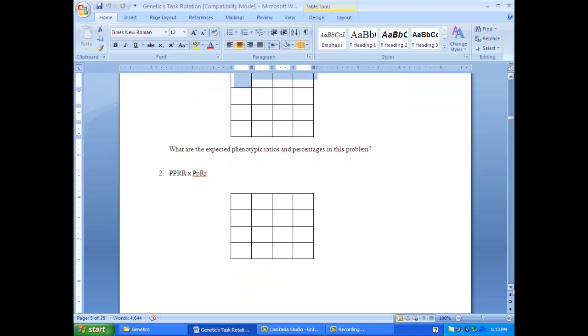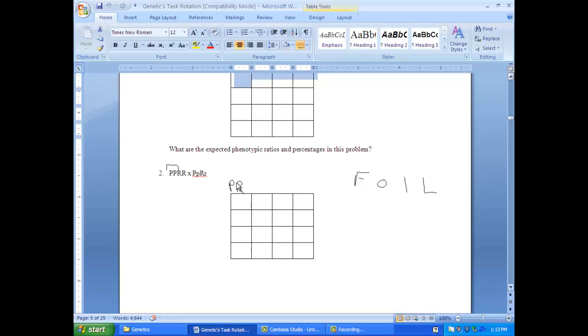Next one. It's the same setup, guys. Since it's a dihybrid cross, we have to use the FOIL method. F stands for first. We are crossing the first P with the first R. Capital P, capital R. And again, this is nice and easy to understand because the genotypes of this parent are all homozygous dominant.